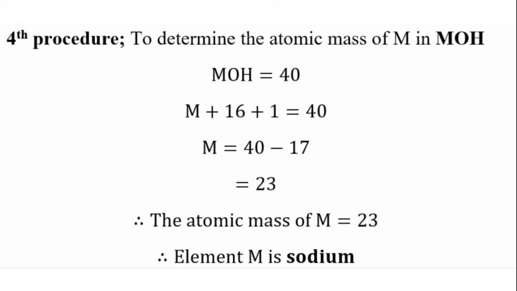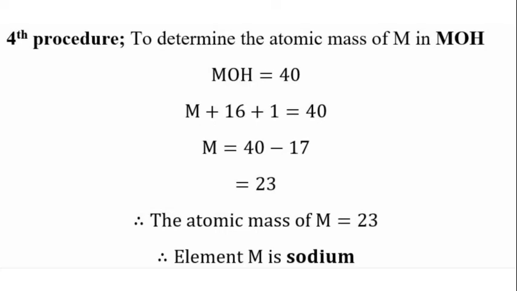The relative atomic mass and molar mass have the same value, but relative atomic mass has no SI unit. So we take the molar mass and remove the SI unit to get the relative atomic mass of the metal hydroxide.